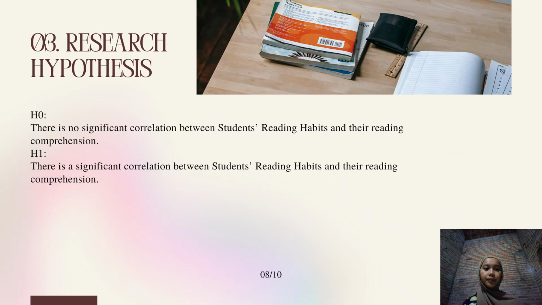So we have the research hypothesis. The null hypothesis says that there is no significant correlation between students' reading habits and their reading comprehension, and the alternative hypothesis says that there is a significant correlation between students' reading habits and their reading comprehension.